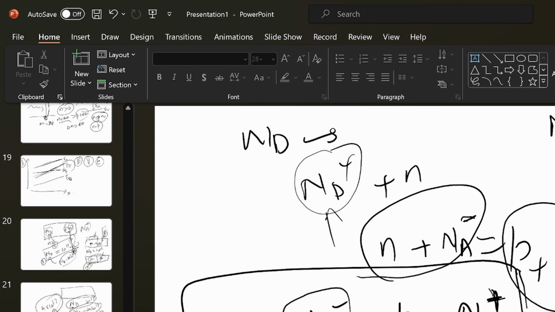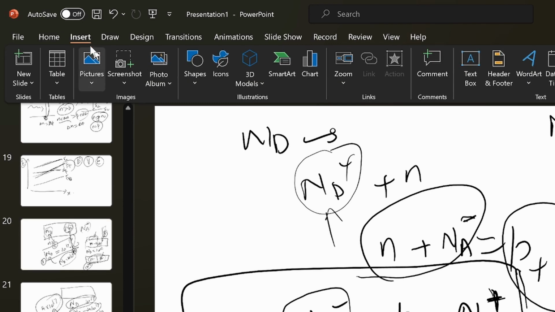This is simple mathematics. If we are considering complete ionization, Na minus will be equal to Na and Nd plus will be equal to Nd, because we know how much we have doped with the acceptor and how much with the donor. We can calculate directly.